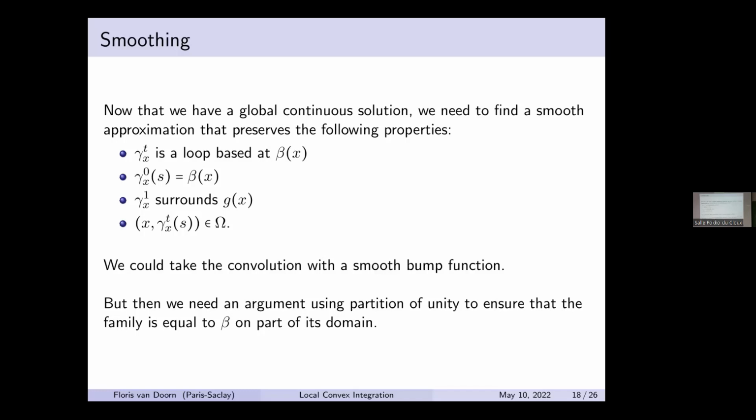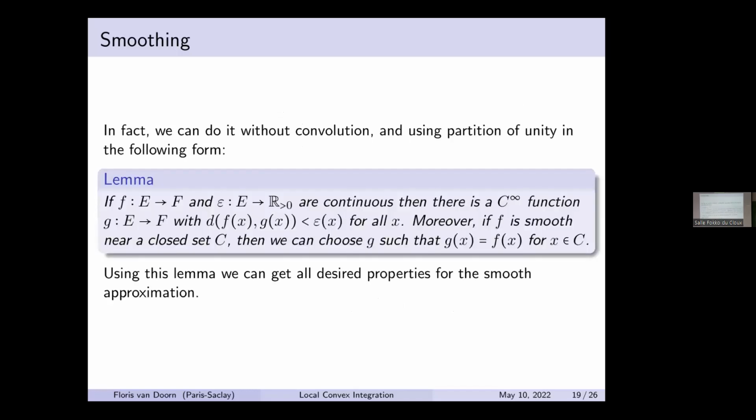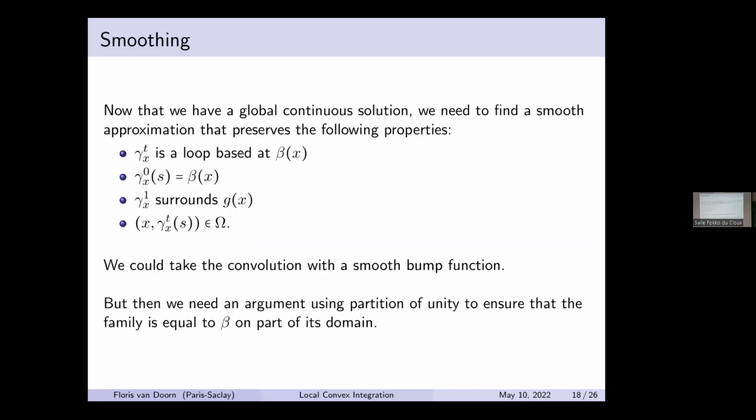And then if we make gamma close to these points equal to beta, and because beta is smooth, we get something that is near these points already smooth, and so we really get these equalities as we want. And by saying that our smooth approximation lies near our function, we can preserve the property that it surrounds G and it stays smooth. Amazing.